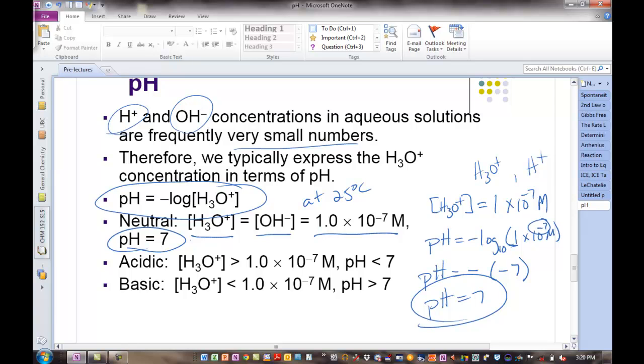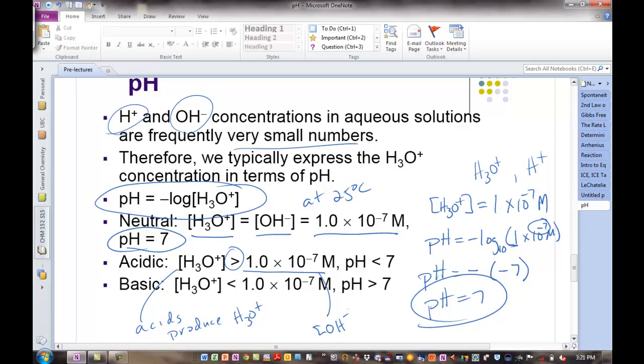What does it mean for something to be acidic? Acids produce hydronium. That's another definition of an acid. So compared to a neutral solution, hydronium goes up. It's going to be greater than 1 times 10 to the negative 7th.